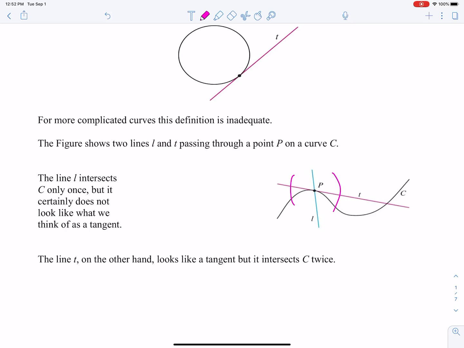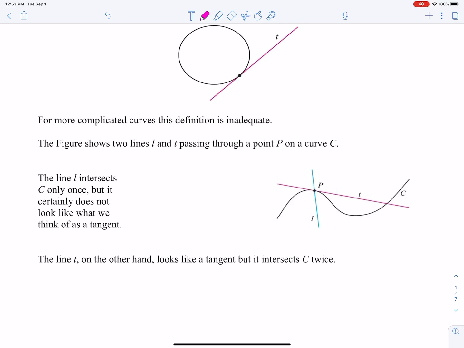So what we're going to look at is this figure here. The figure shows two lines, L and T. The blue line is L, the pink line is T. They're passing through a point P on curve C. The line L intersects C only once, but again, like we talked about a minute ago, usually when we think of a tangent, we think of it glancing off the curve, not crossing through.